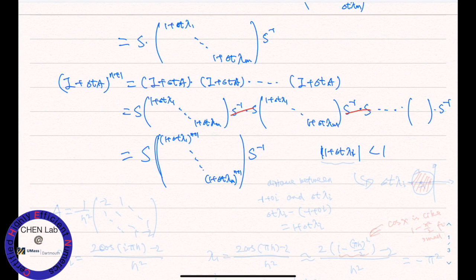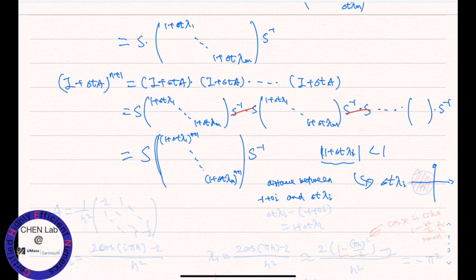And that's when we concluded this delta t lambda i, remember, you treat that as a complex number. The lambda i can be potentially complex, and this is basically the distance between negative 1 plus 0 i and delta t lambda i.